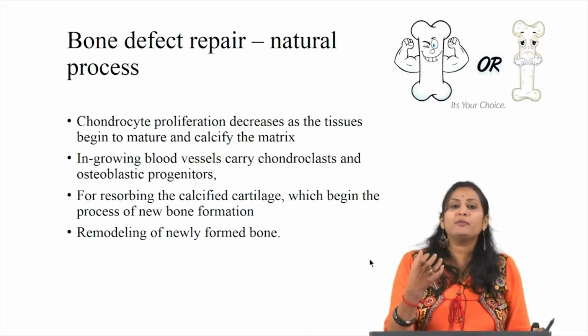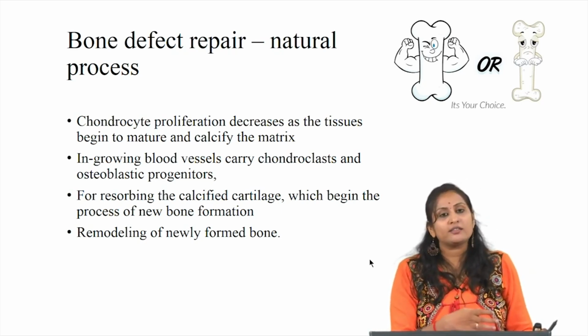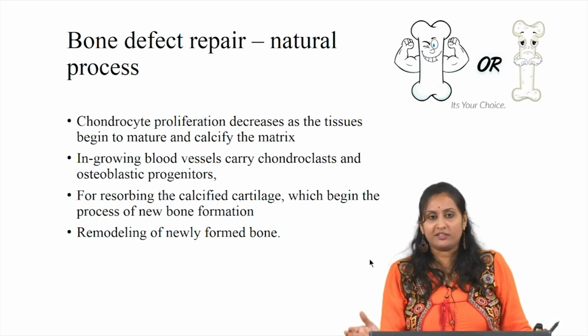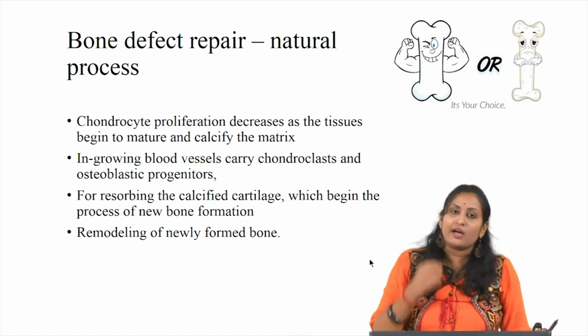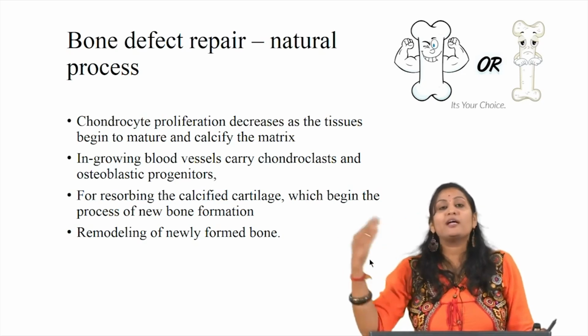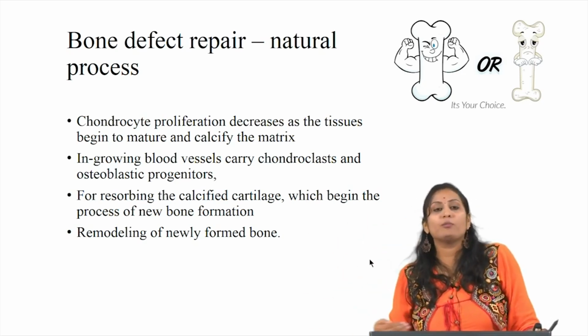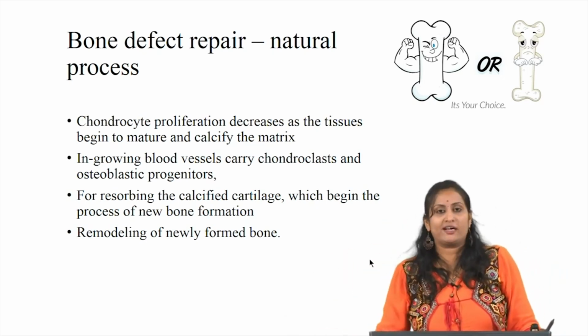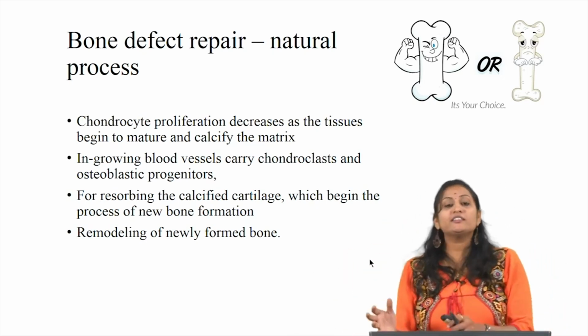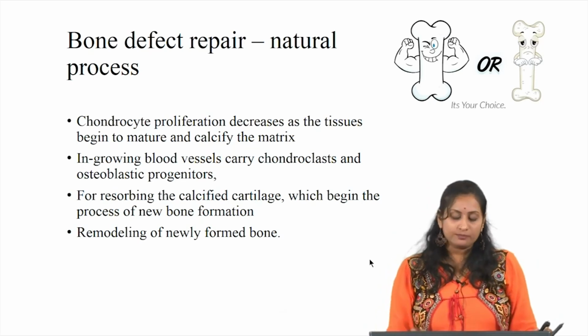The growing blood vessel carries chondroclasts and osteoblastic progenitors. The chondroclasts will resorb the calcified cartilage, whereas the osteoblastic progenitors will help in the formation of new bone, and the remodeling of new bone will start. Thus it yields the repair of the fracture.